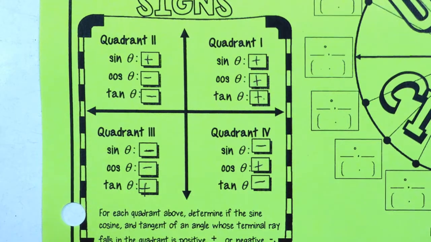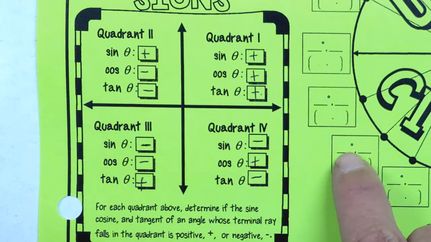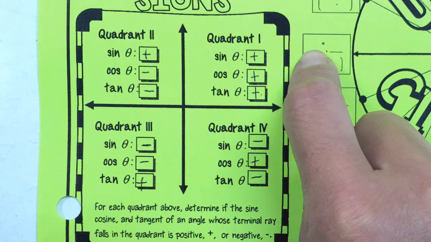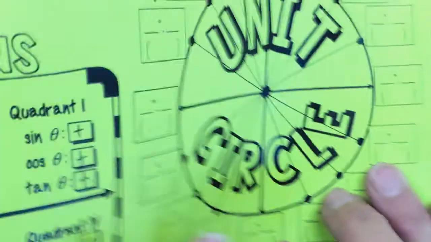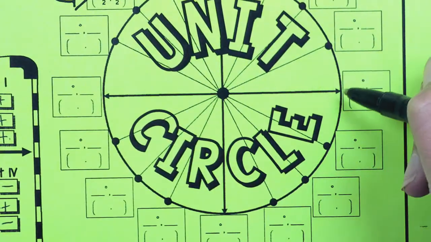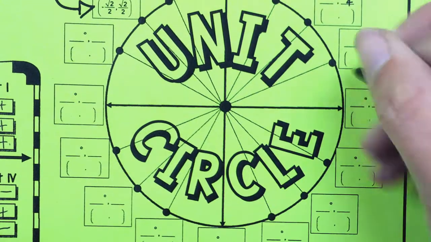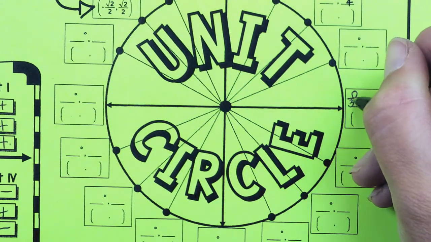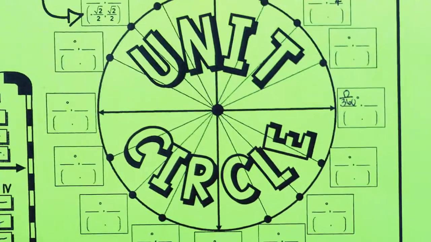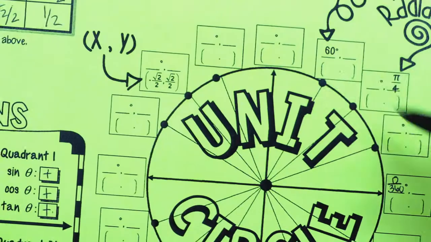Alright, let's start with identifying the degrees, and that's going to go in this first blank for each one, the degrees, okay? We know that this is what? Good. Let's write 0, 360 on bottom. And we know this is what?